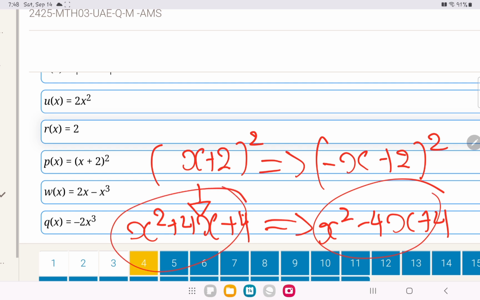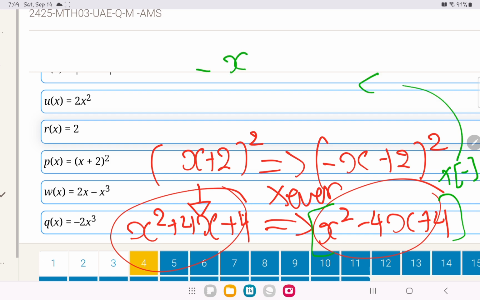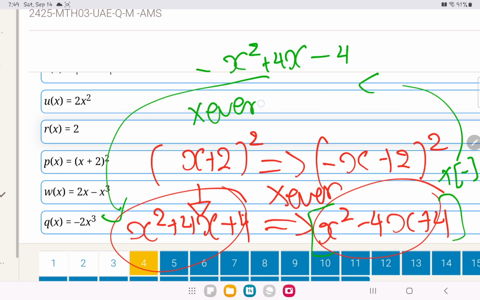Clearly this one and this one are not equal, so it's not even. And we said if it's not even, we multiply the whole of it by negative. So then this will become minus x squared plus 4x minus 4. So definitely this is not equal to this, so it's neither even nor odd.